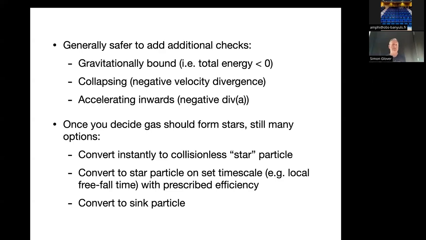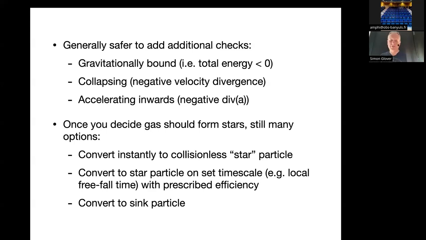What's quite often done is that for gas which we declare to be star forming, we give it some probability of forming stars per unit time based on the local freefall time, such that if you wait for an entire freefall time, the probability is 1, but if your time step is much shorter than the freefall time, then your local probability is just the time step divided by the freefall time.